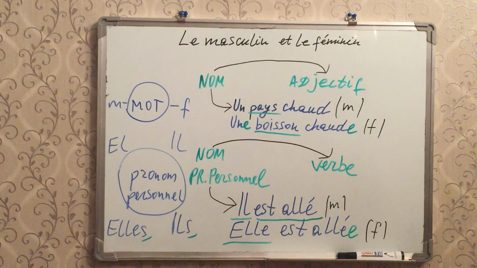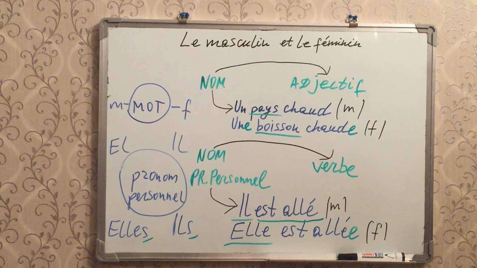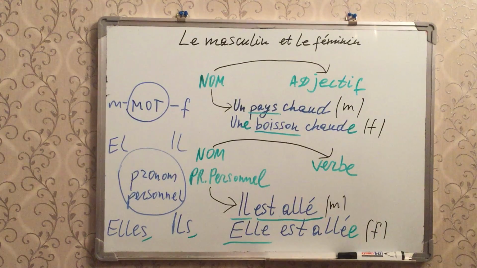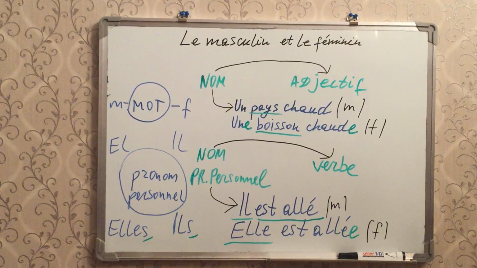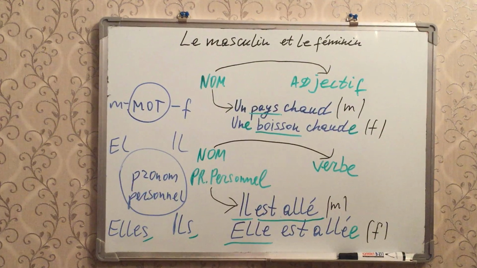Okay, so we need to pay attention to these rules. Don't worry about this, it is our first lesson. I will explain all the grammatical rules to you, and you will understand easily how to use a gender of a word in a sentence.